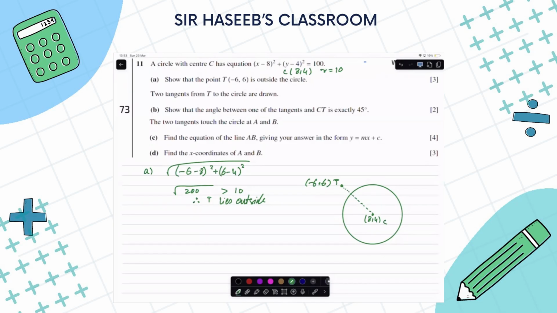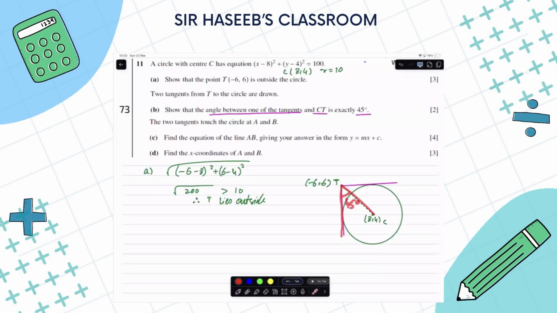Then it says two tangents from T to the circle are drawn. This way, let's make this. Get it? It says show that the angle between one of the tangents and CT is exactly 45. So the angle between one of the tangents and CT is 45.